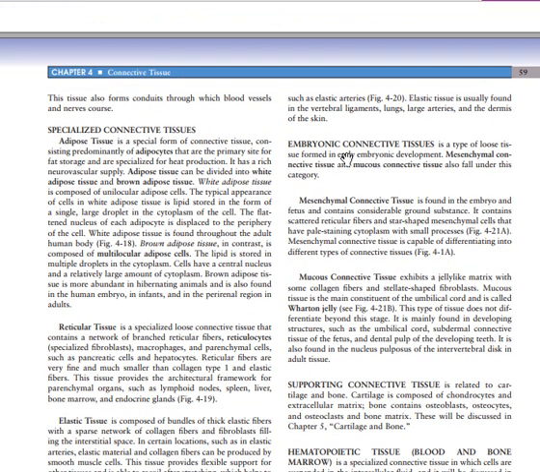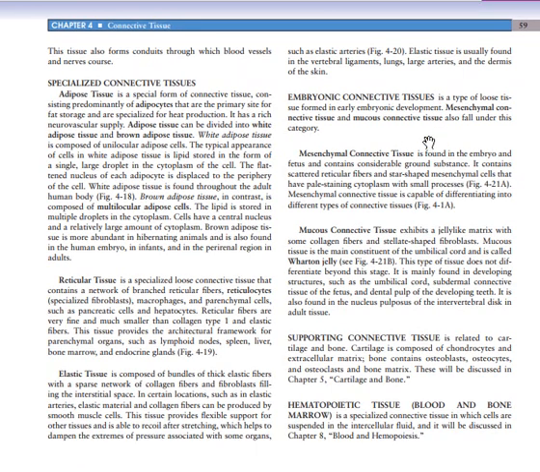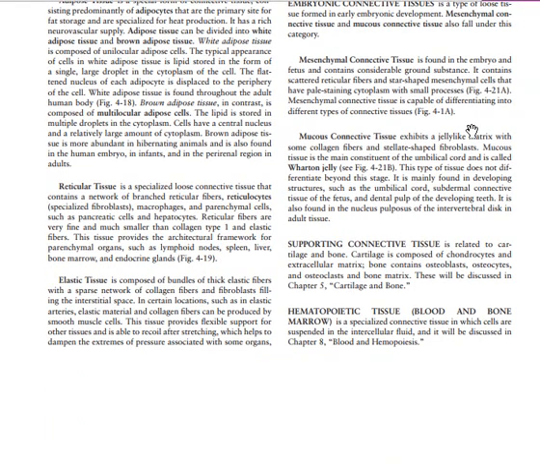Now, other connective tissue: we have embryonic connective tissue. Examples of embryonic connective tissue are mesenchymal connective tissue and mucous connective tissue. Mesenchymal connective tissue makes up the mesoderm of the embryo.